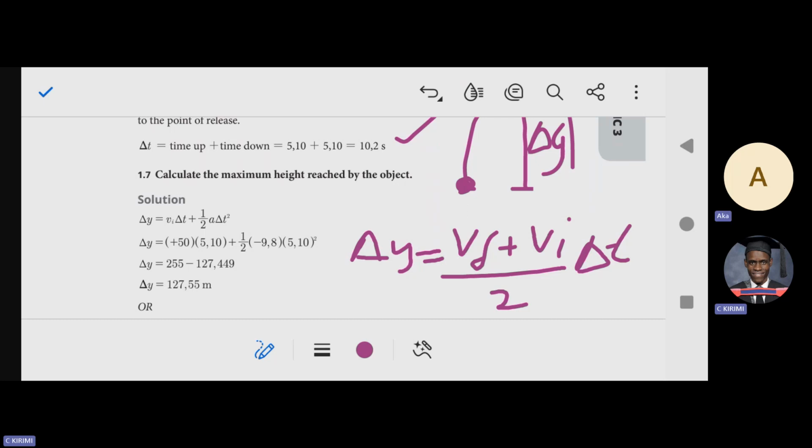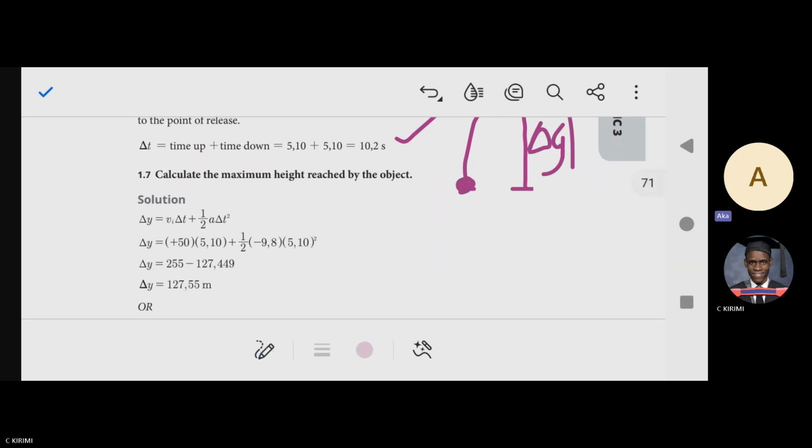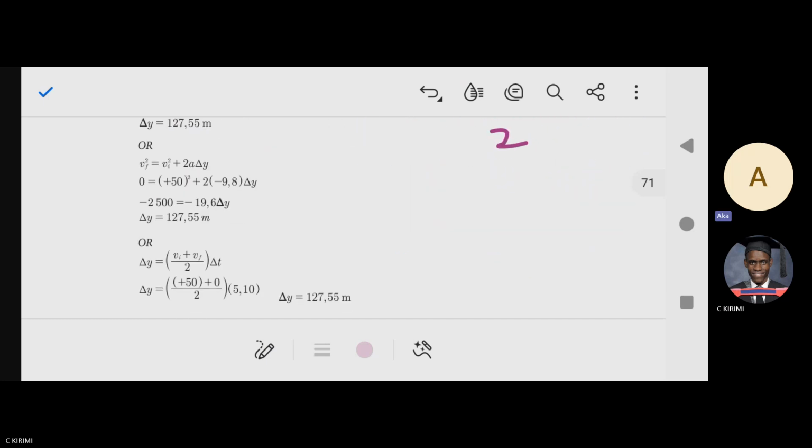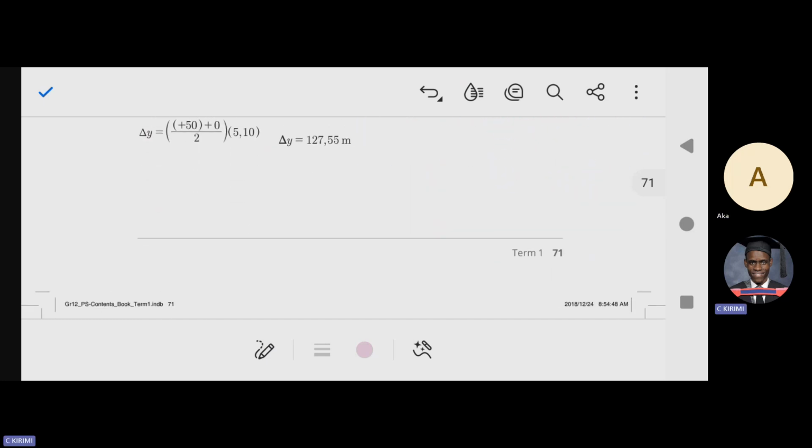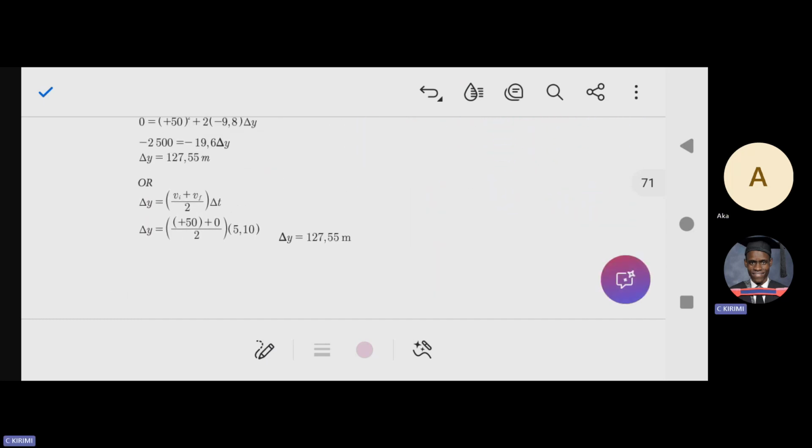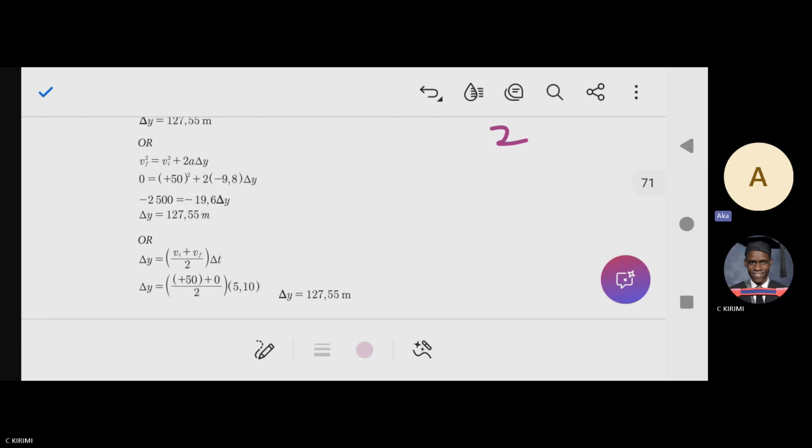V initial, you are having it. And then you have the time, isn't it? So you all arrive at the same answer. And this is the one which you used, VF plus VI multiplied by the time. You can use that one as well, which is correct.